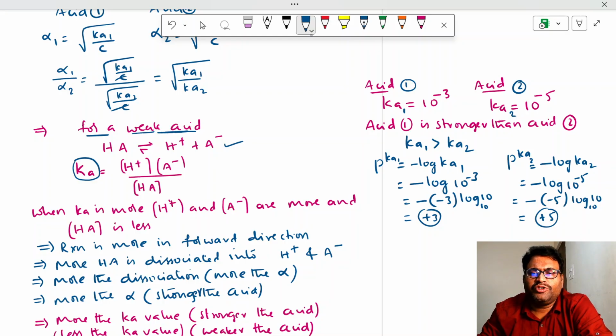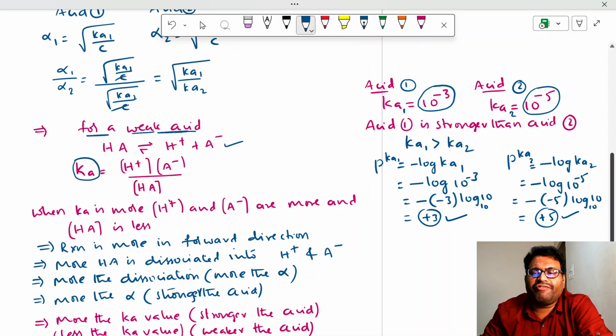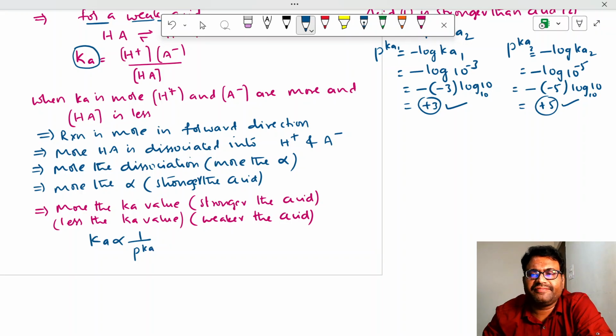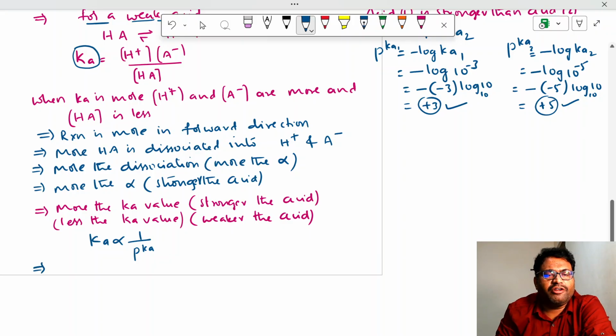Okay. So the more the Ka value, the less the pKa value. The less the Ka value, the more the pKa value. So from this, what did we understand? Ka is inversely proportional to pKa. That means we can write: the more the Ka value, the stronger the acid.